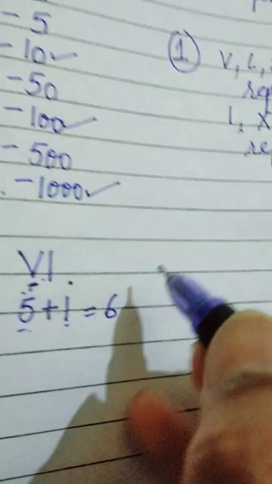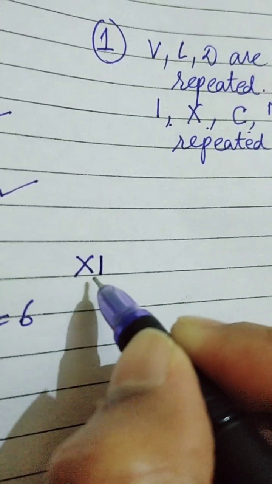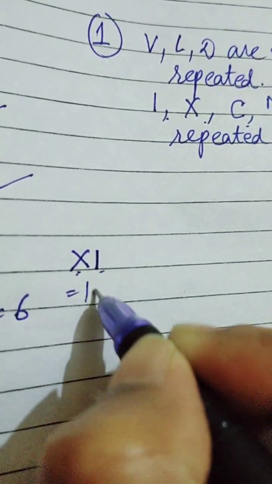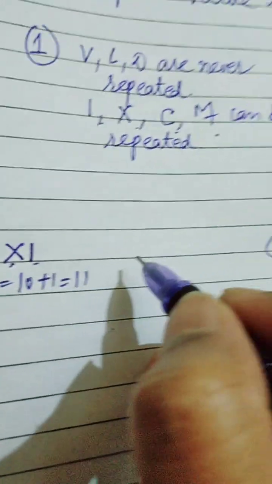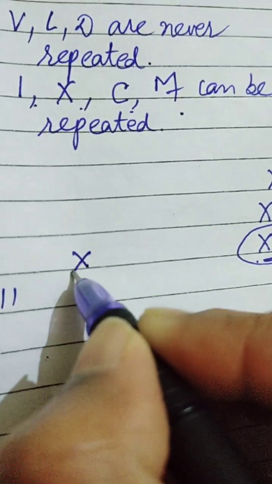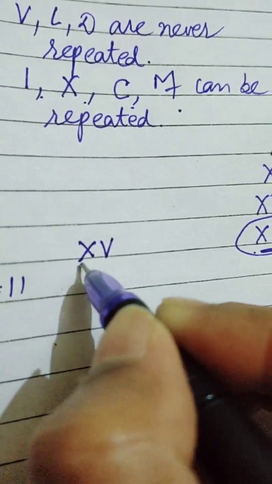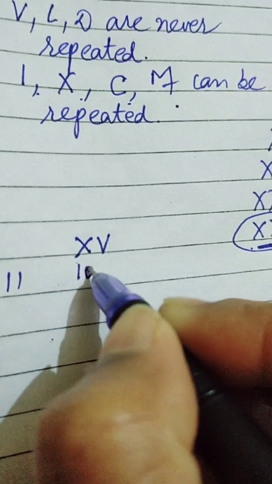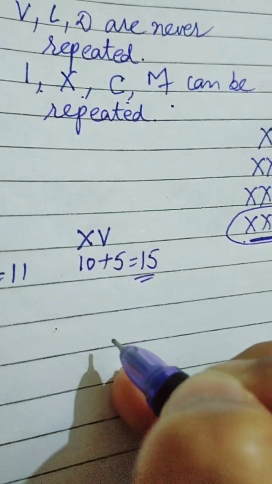This is 6. If I am writing 10 and 1, these both will be added, means 10 plus 1, this is 11. If I am writing XV, V is on the right hand side of X, so these both will be added. 10 plus 5, it is 15.